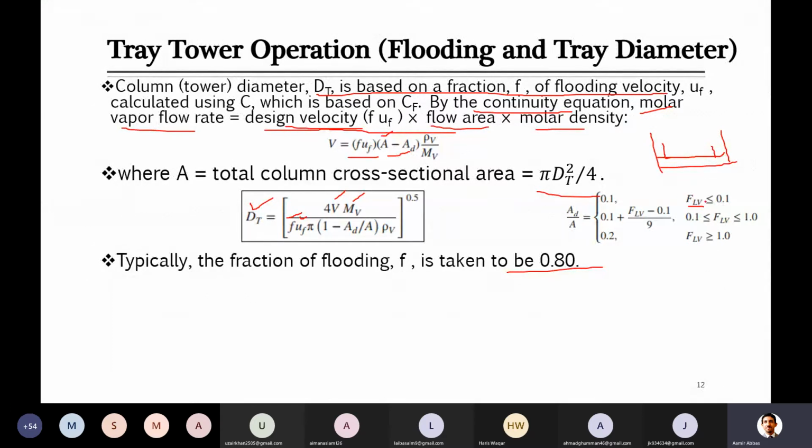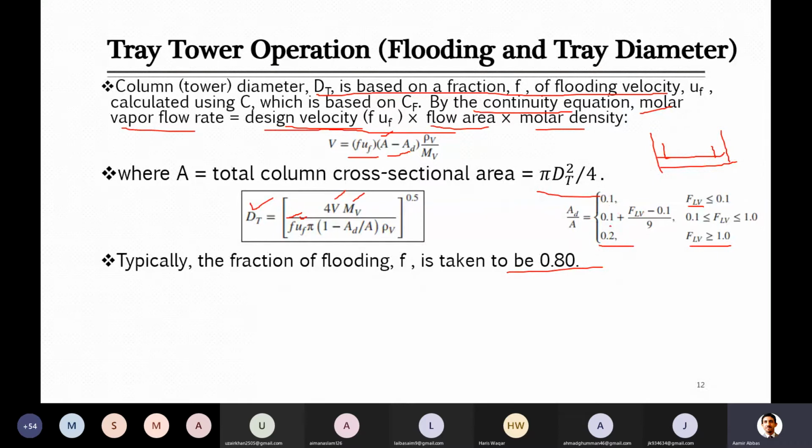If the value of FLV is less than 0.1, you can take AD over A as 0.1. Otherwise, if its value is greater than 1, then AD over A, the area of the downcomer to the area of the total tray, is just 0.2.